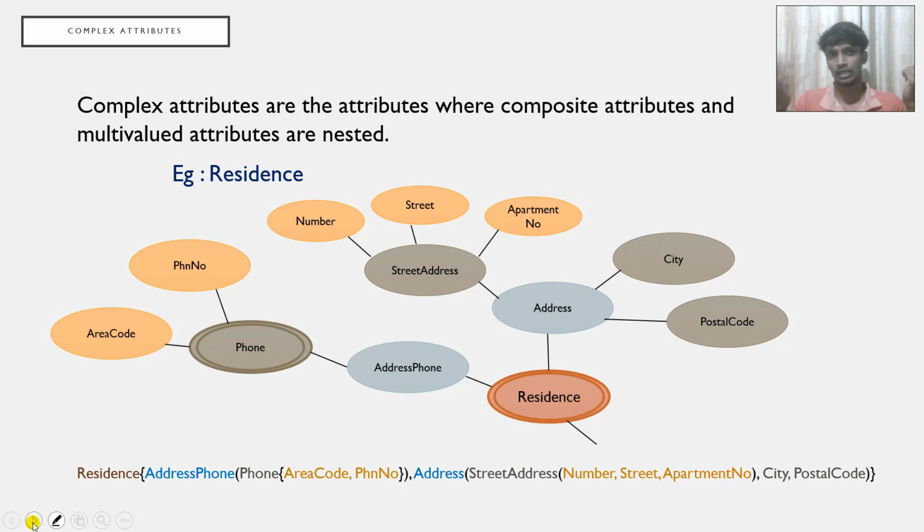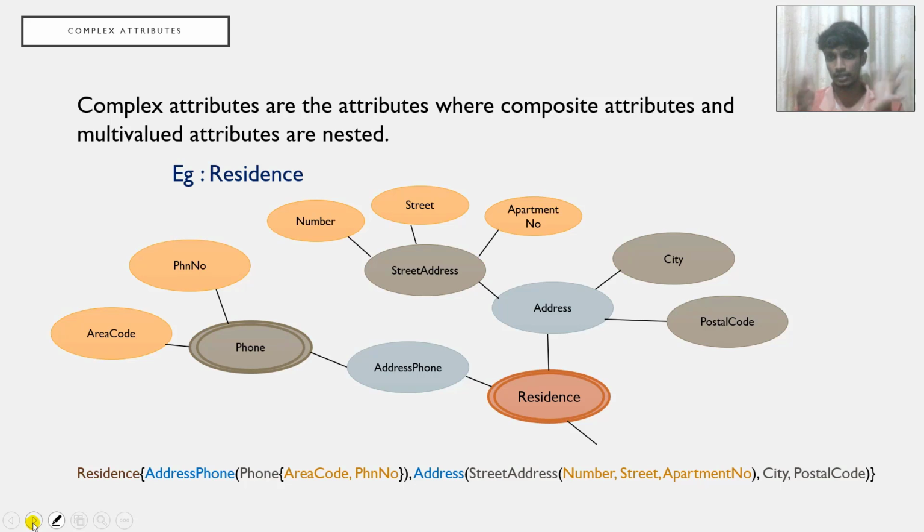Those are theories related to relational algebra. I don't think it is necessary to have an idea about relational algebra at this stage. For now, just remember complex attributes are like this. Complex attributes are attributes where composite attributes and multi-valued attributes are nested.